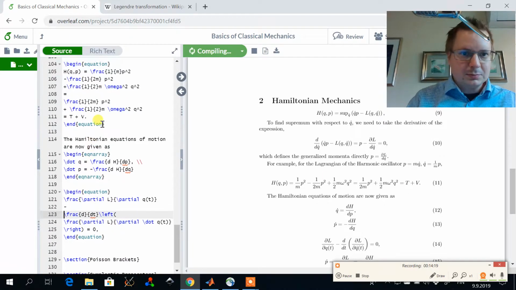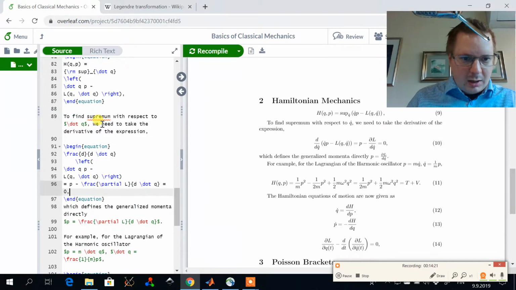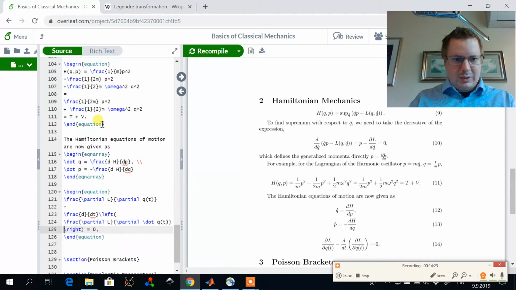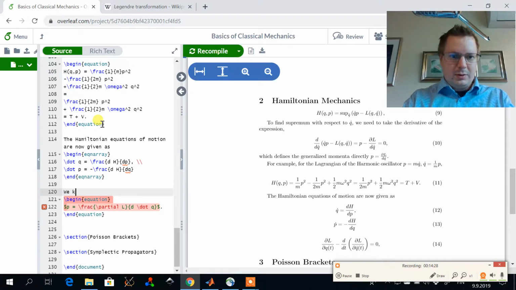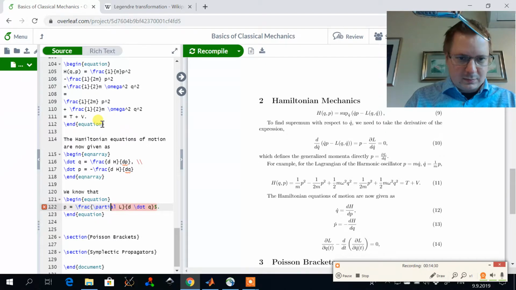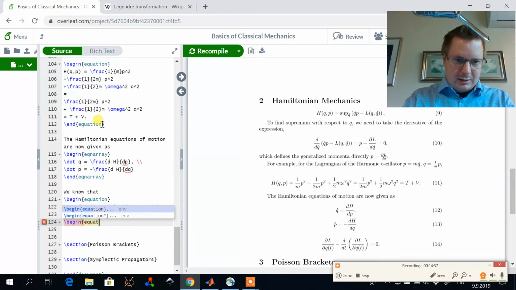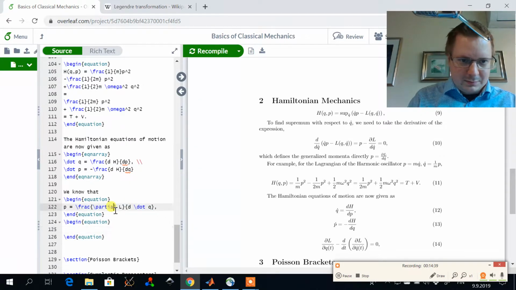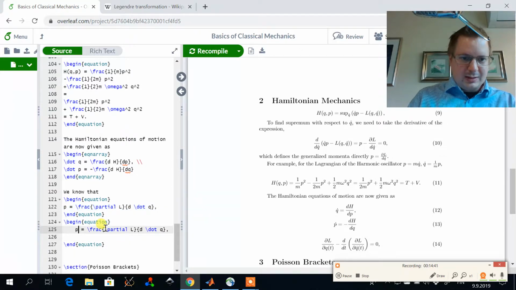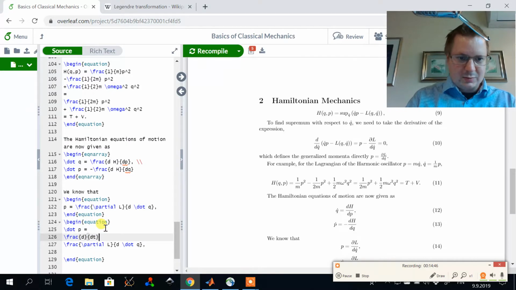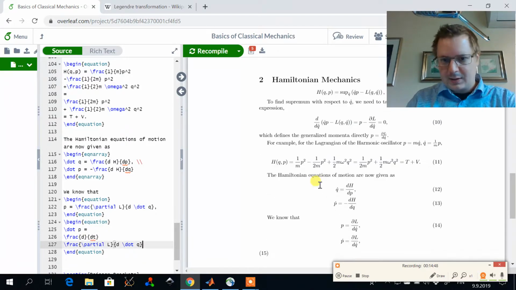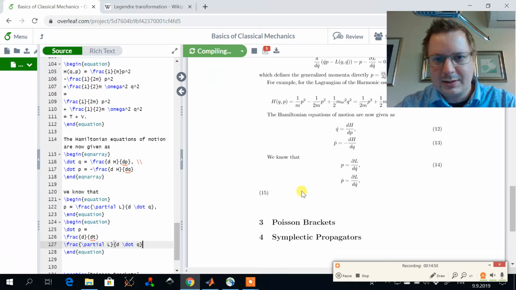This we know, that p is as such. We know that, like so. So then we can take the time derivative of that one. So we get p dot, and then we get this one. So now we have at least done nothing wrong here.